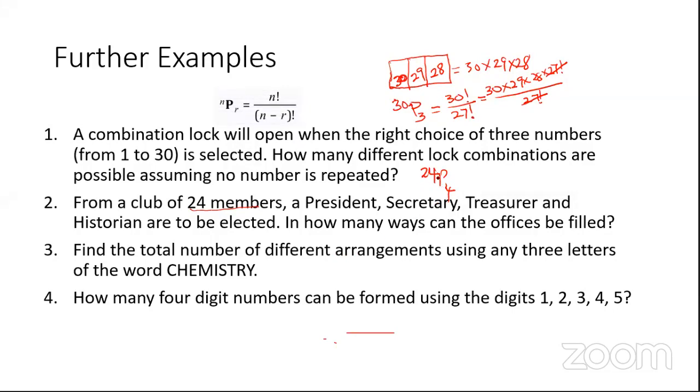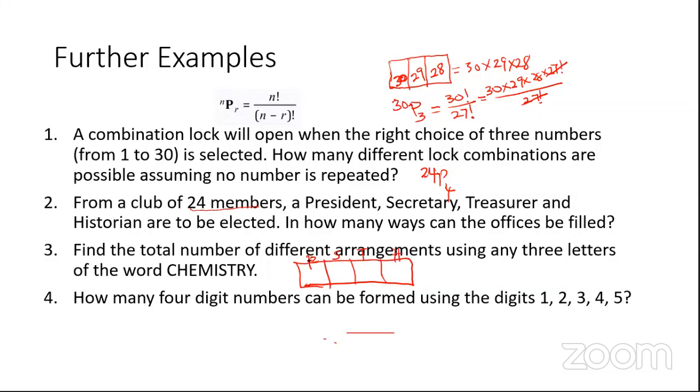If you use the principle of counting, you leave a place for the president, the secretary, the treasurer, and the historian.